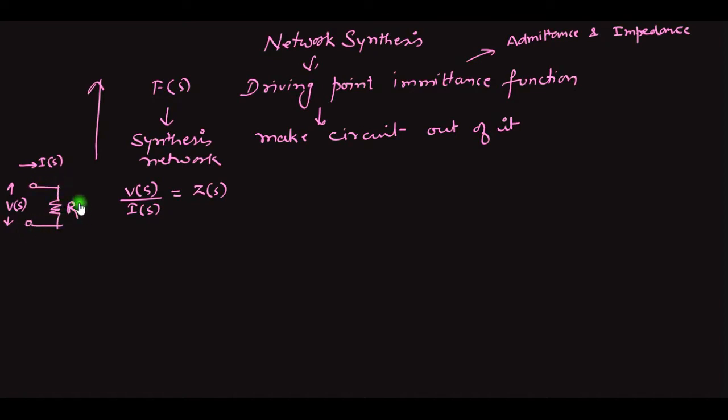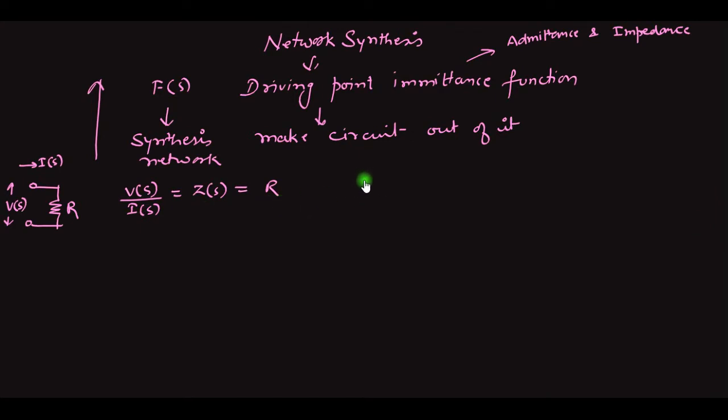As it is a purely resistive network, Zs would be equal to R only, because in the S domain resistance is represented as R itself. So Zs, the driving point impedance of this network, would be R only.